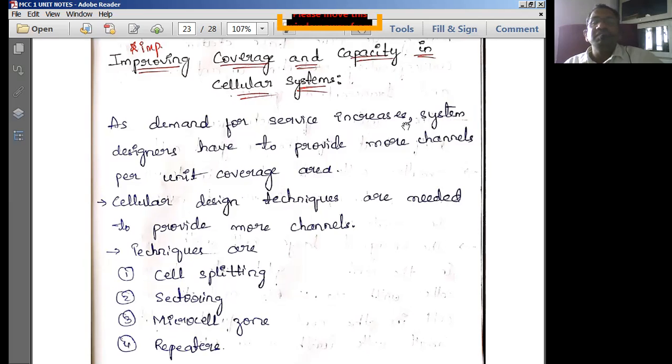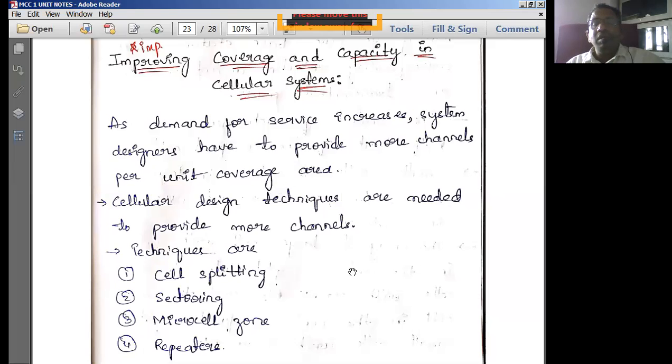As the demand for service increases, the number of mobile stations increases, and all these people expect service from the base station. So system designers have to provide more channels per unit coverage area. The coverage area is the same; if you design a cell for 5 kilometers, we cannot really change that. That is the problem we encounter.